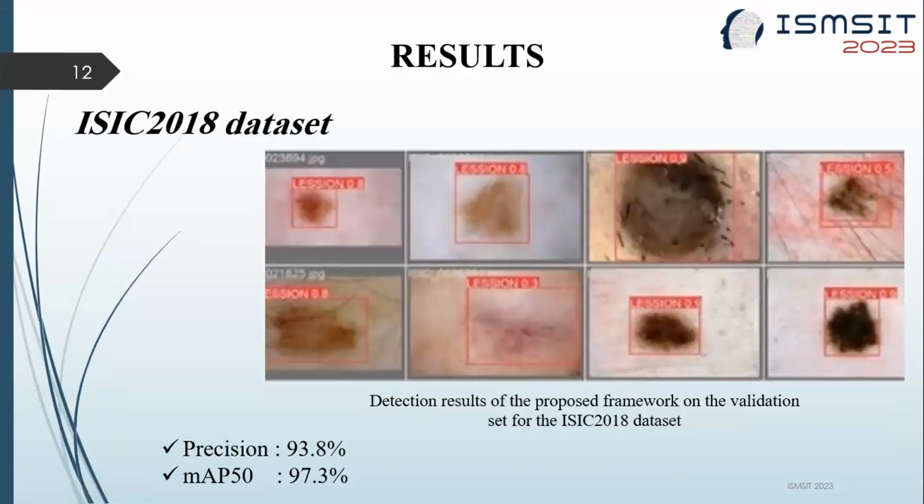And in this figure, we showcase the outcomes of the proposed skin lesion detection framework predictions achieved with the model on the second dataset. The experimental results demonstrate that the model achieved skin lesion detection with a precision of 93.8, while the mean average precision was 97.3.